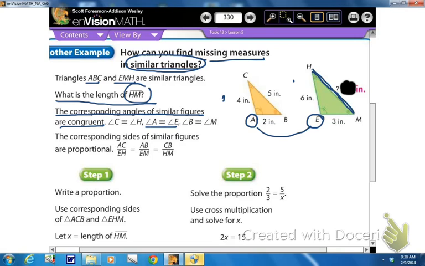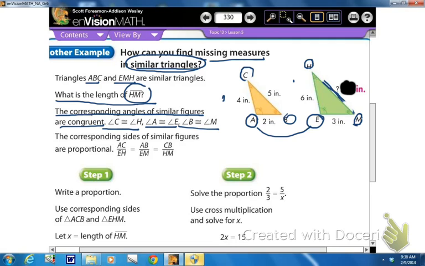Once you figure out one congruent angle, usually it's easy enough to find the others. Angle C and angle H are congruent, and they show that with one hash mark on each, to show that they are congruent yet different from angle A and angle E. That leaves M and B with the 3 hash marks here. These two angles are also congruent, the same measurement, same degree.